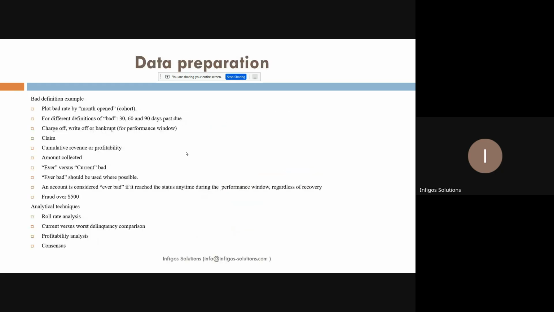So for the bad definition example, you can plot bad rate by month-open cohort and see where customers basically get stable in terms of bad rate. There's something called probation period, which I haven't talked about.